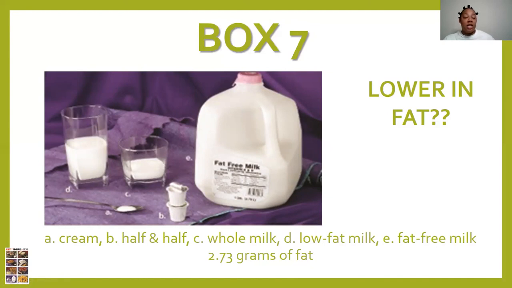Then D is low-fat milk. And then E, this gallon right here, is fat-free milk or skim milk, okay? And all 5 of these items equal 2.73 grams of fat. Now, with that being said, which one is lower in fat?